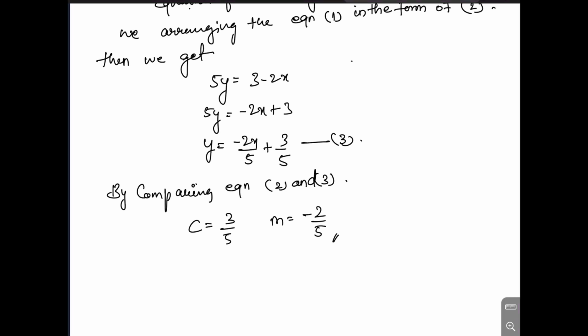So here I can say slope m equals to minus 2 by 5 and the y-intercept, that is c, equals to 3 by 5 here.